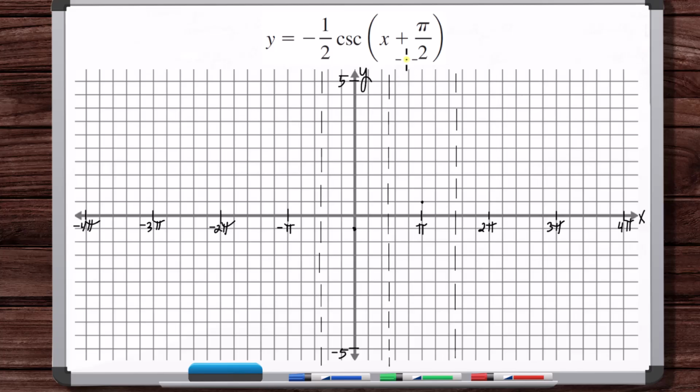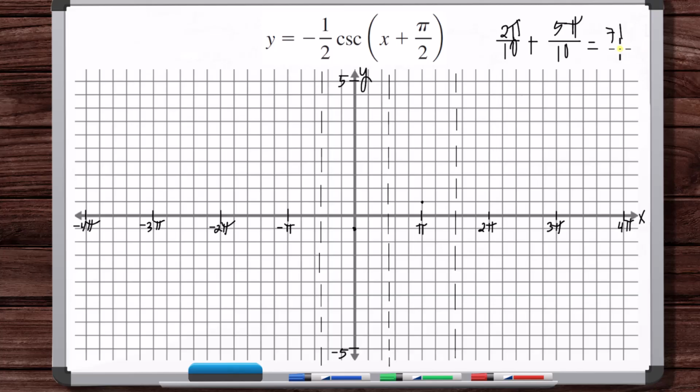Okay, now we can plug in. Let's plug in minus pi over 5. Or we could do pi over 5. That's fine too. That'd be easier. So pi over 5 plus pi over 2, that's 2 pi over 10 plus 5 pi over 10. That's 7 pi over 10.